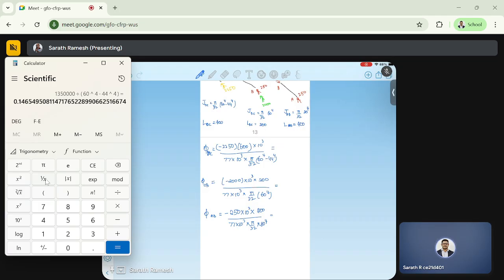This is one term, and this plus 2000 into 200 divided by 60 power 4.